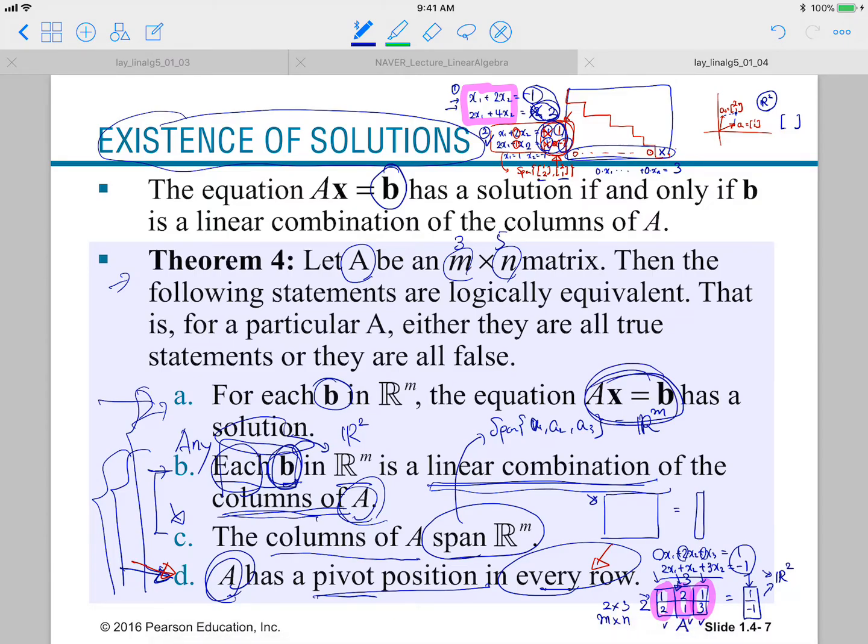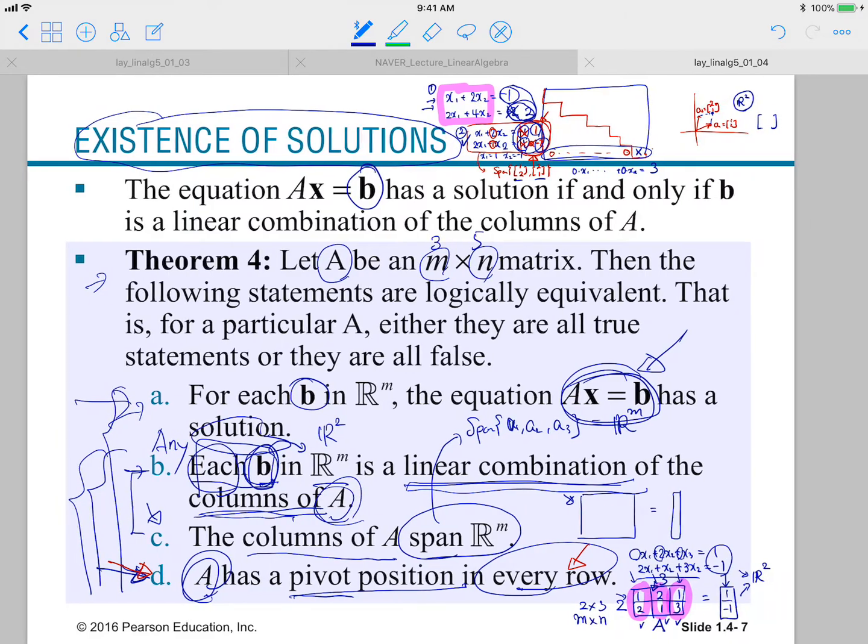Now we understand this matrix equation is equivalent to the vector equation or the originally given linear system. It's all the same equation, and if this matrix equation has a solution for any given vector b, it means that even before seeing what particular b is given, we can guarantee that the solution will exist.